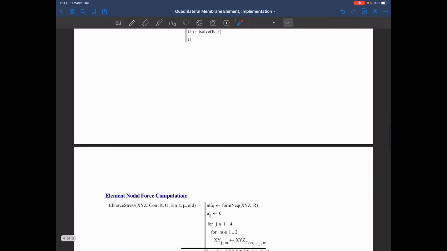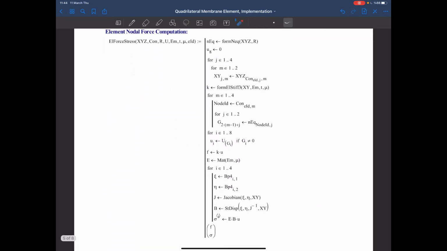And the final algorithm that I have is calculating the element forces and stresses. So in this algorithm, for a given element, I'm calculating its xy matrix, the nodal coordinates. Here I'm calculating the element displacement vector. So the nodal forces will be nothing but equal to k times u. So this is the F vector. Then I want to calculate the stresses at every node or every Gauss point.